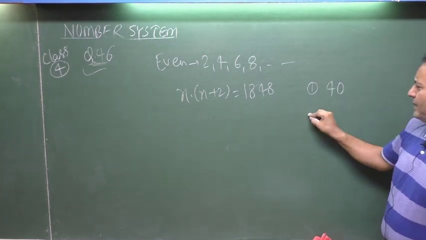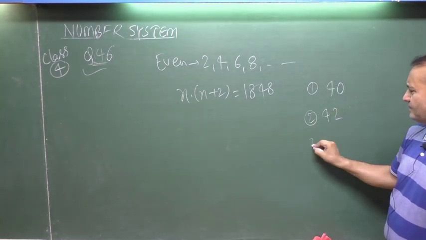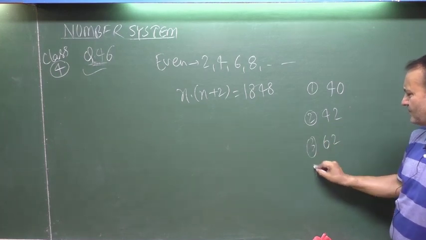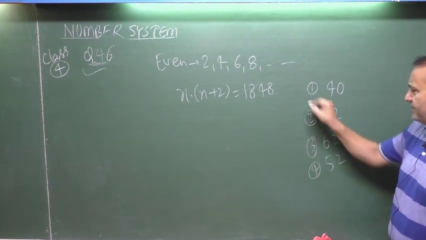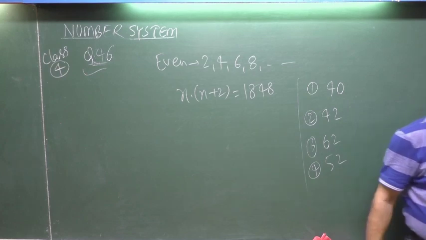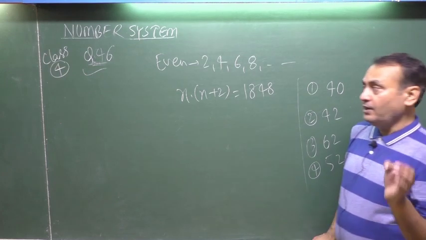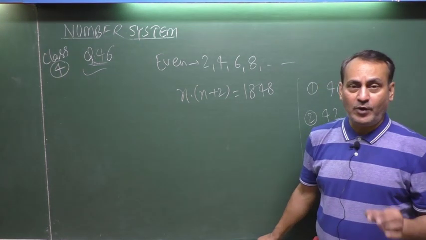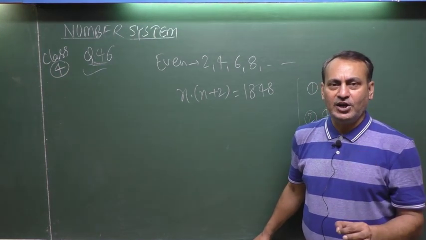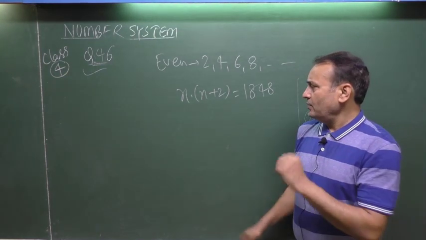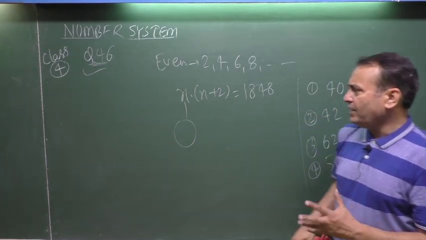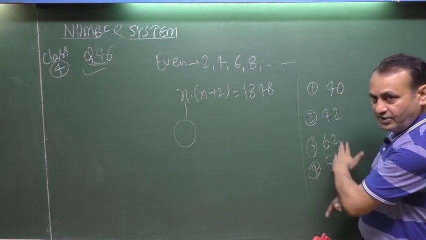From the options you have to pick up. See here, the question says the product of two consecutive even numbers is 1848. You have to point out the smaller number. That means you have been given the value of x here.